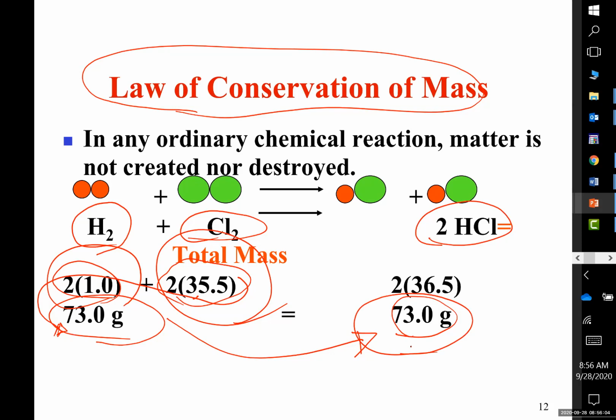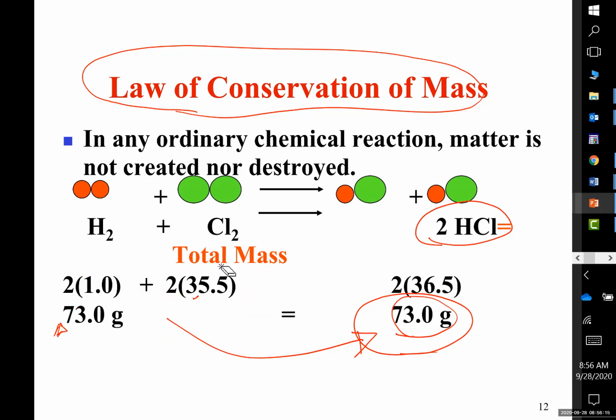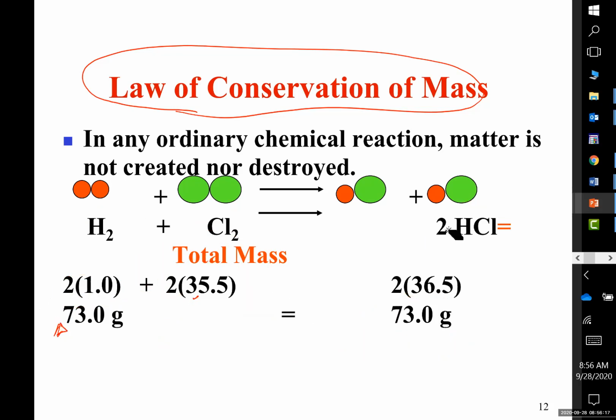Simple concept. In a chemical reaction, atoms are not created, atoms are not destroyed. What do they do? What do atoms do in a chemical reaction? As I said before, they change partner. See? This bond is broken. This bond is broken. So these 2 bonds are broken.